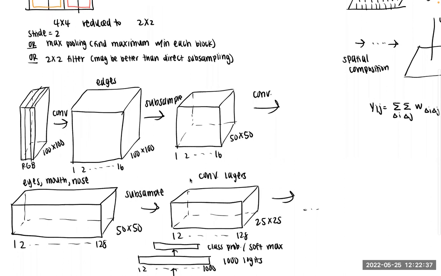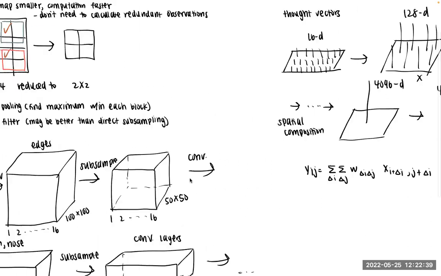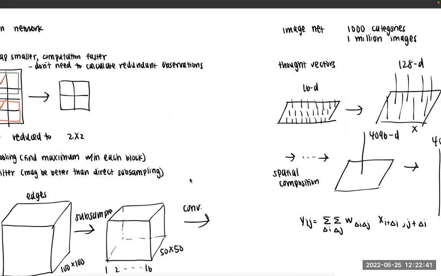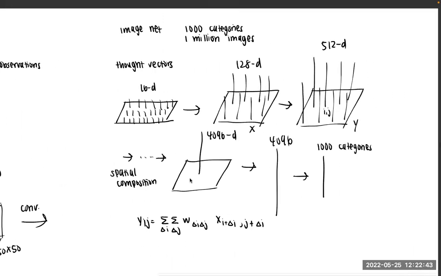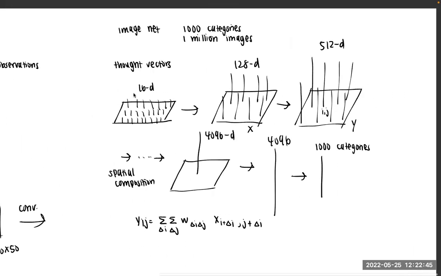So in terms of the vectors, we can also plot a convolutional neural network in this way. So originally we have image, right? At the first layer, we have the thought vectors that are 16-dimensional. And then we do convolution, we get 128-dimensional. So each thought vector here is a spatial composition of some nearby vectors at the previous layer.